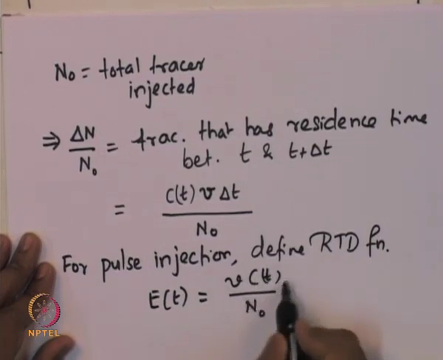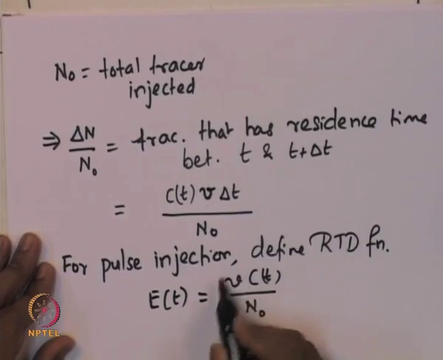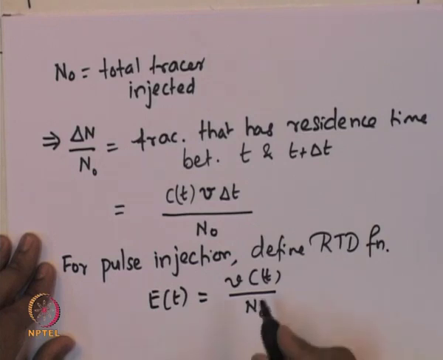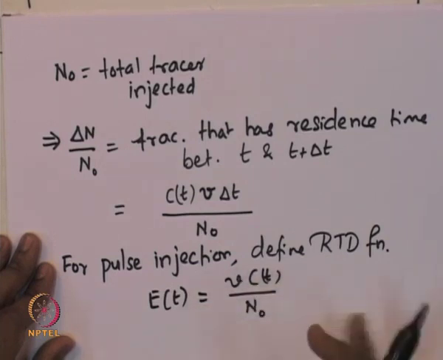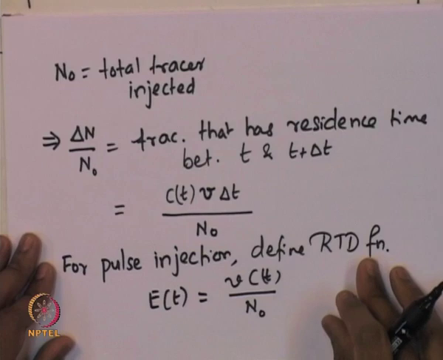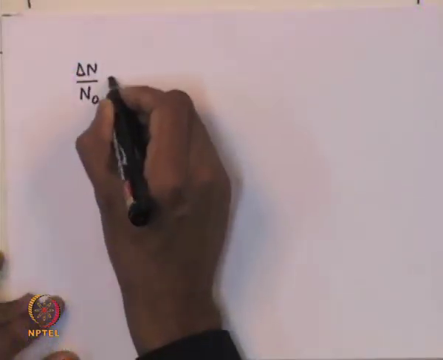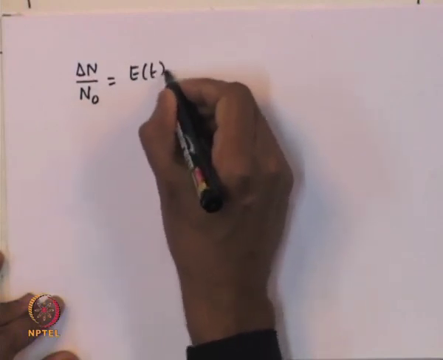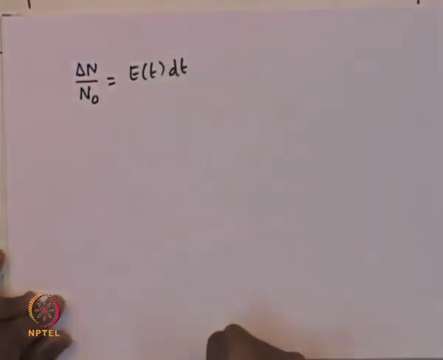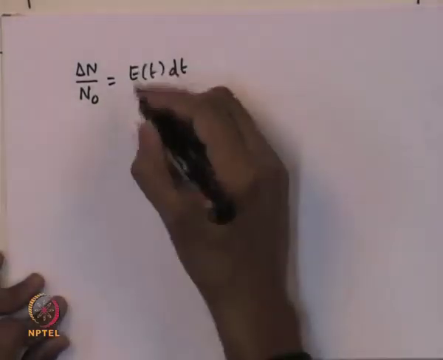That is the concentration of the tracer in the effluent stream multiplied by the corresponding volumetric flow rate divided by N naught. If we define that as the RTD function, then we can write the fraction that has residence time between t and t plus delta t as delta N by N naught, which is equal to E of t into dt. So, what does this E of t represent?